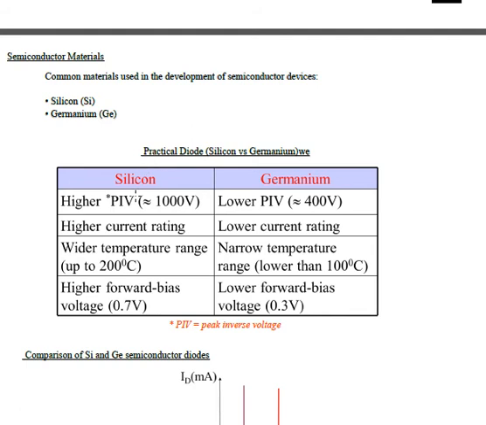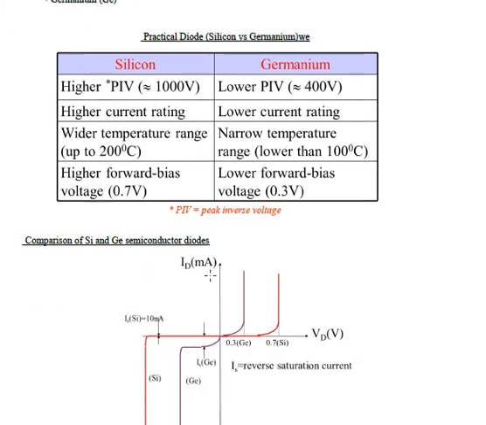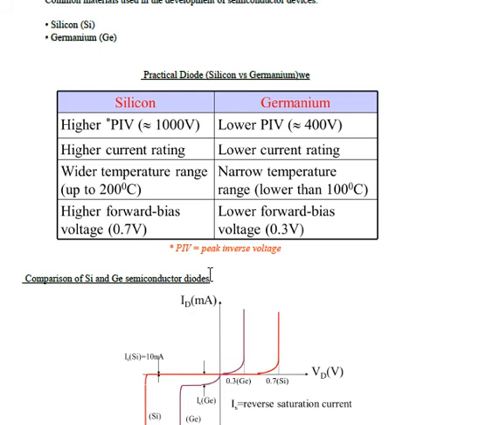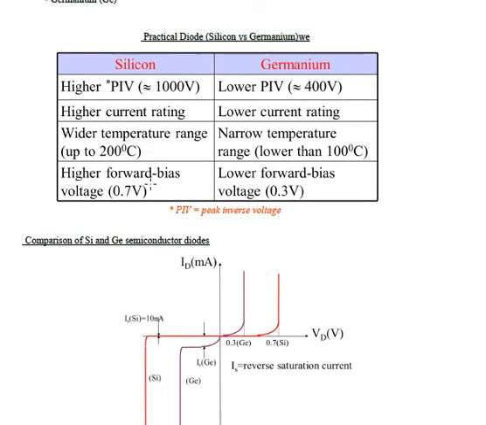For silicon, we have its characteristics here, and for germanium, we also have its characteristics. Basically, we cannot say which is used more frequently. They have different uses with regard to their characteristics.